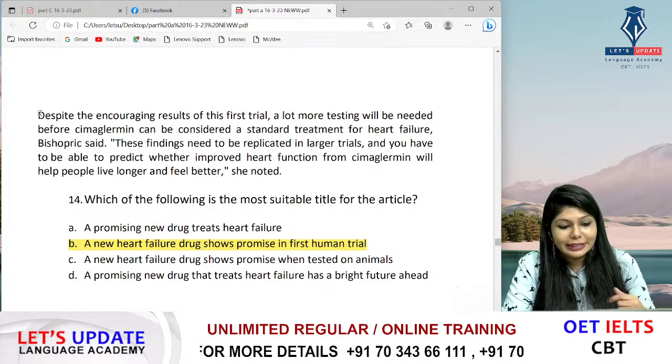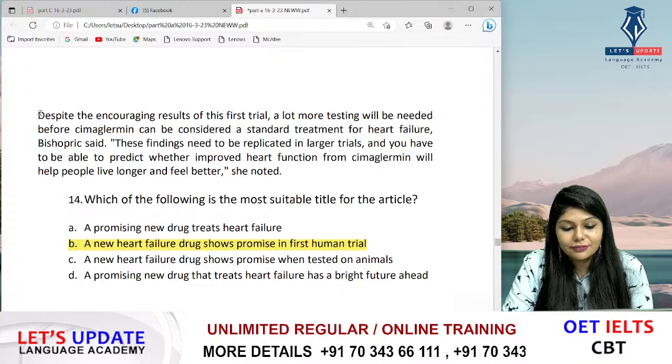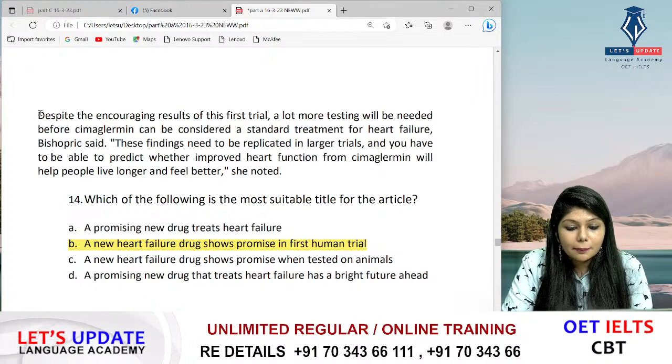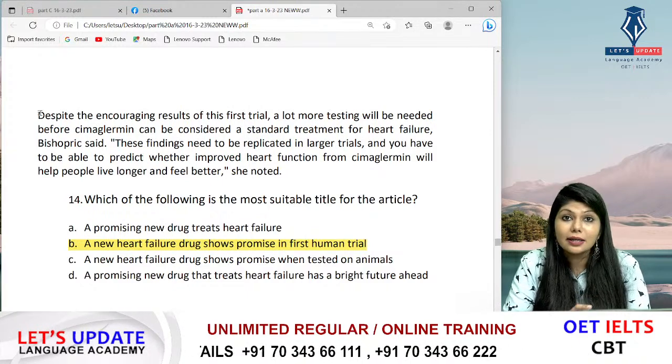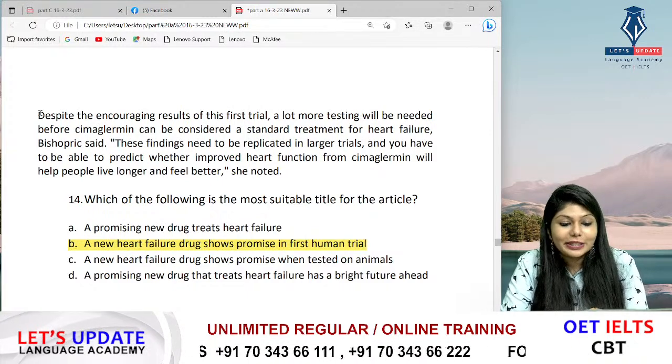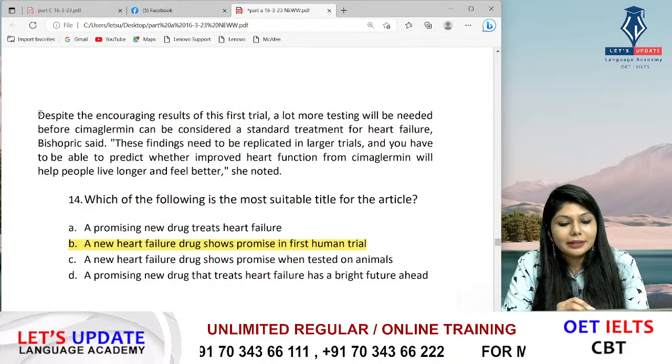And moving to D, a promising new drug that treats heart failure has a bright future ahead. Again, there they have mentioned that it treats heart failure. Again, you cannot say it will treat heart failure.